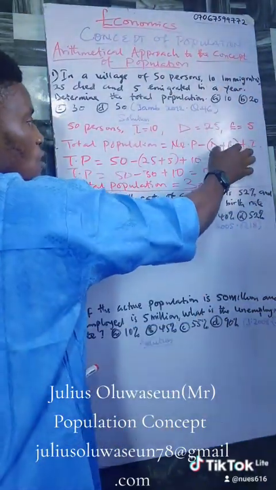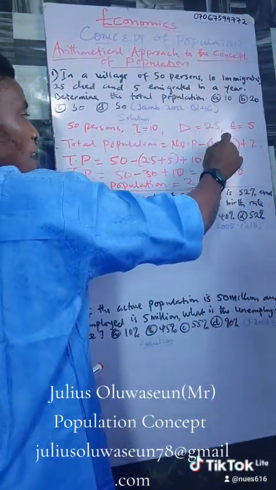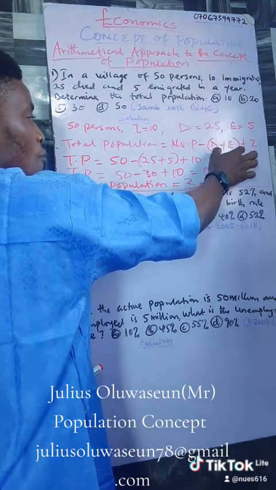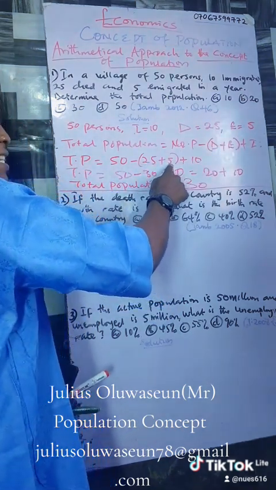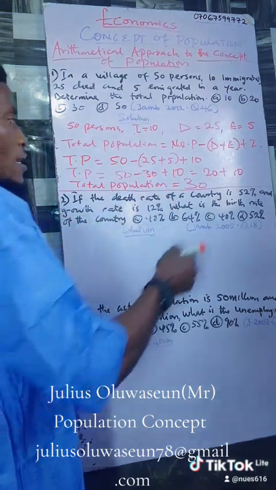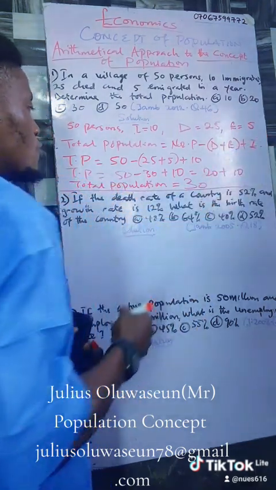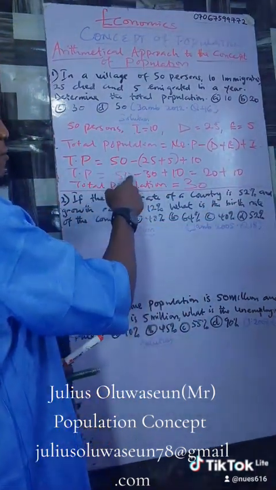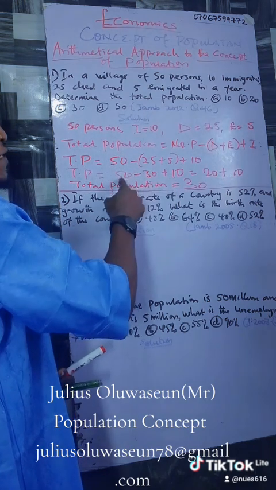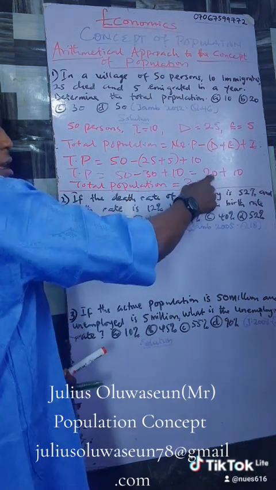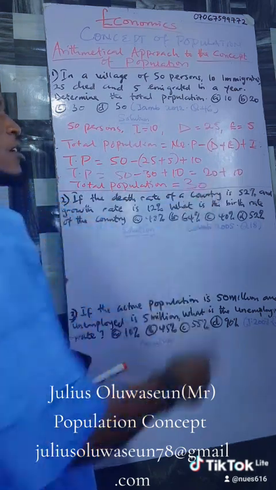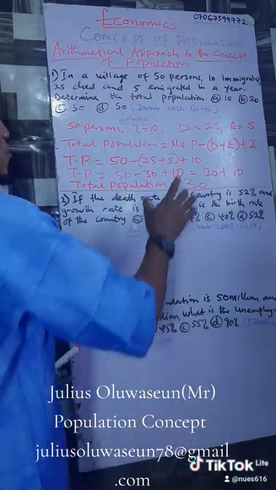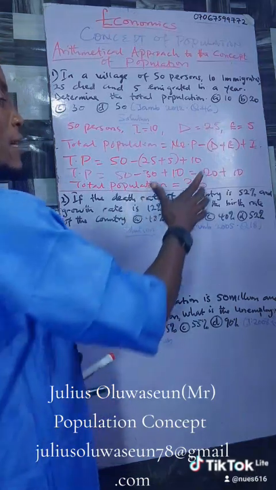By the time we add up our death rate and emigration, we have 25 plus 5, which is 30. So therefore 50 minus 30 plus 10. 50 minus 30 is 20, plus 10, that is 20 plus 10, it will give us 30. So that is how I arrive at my 30.